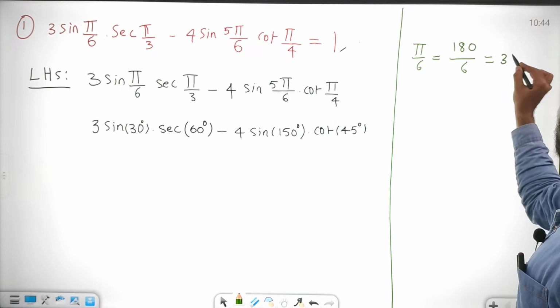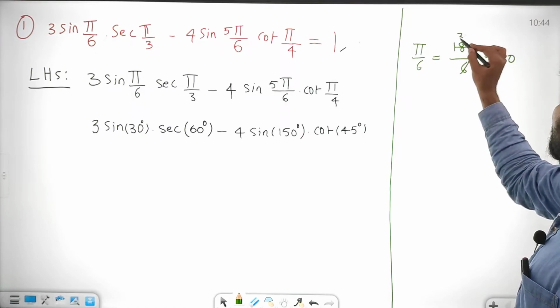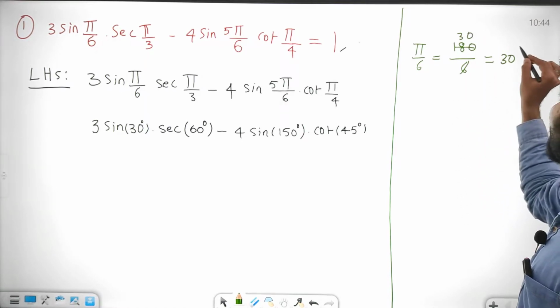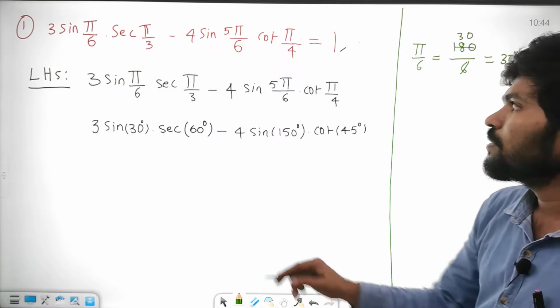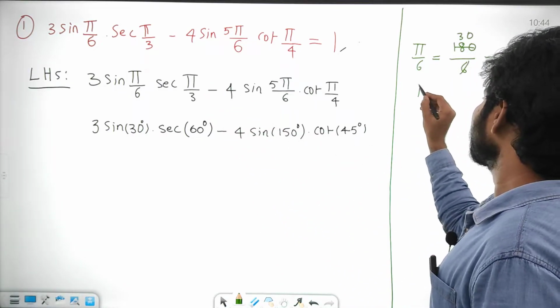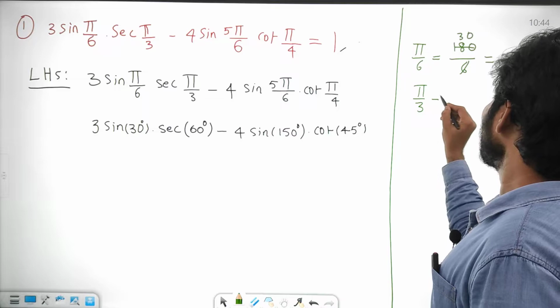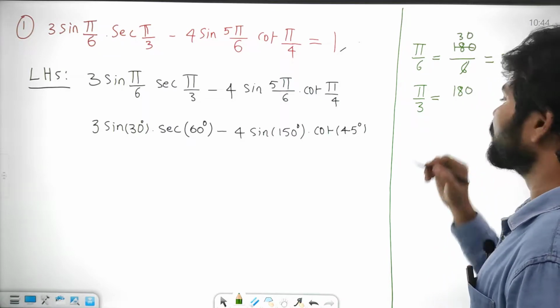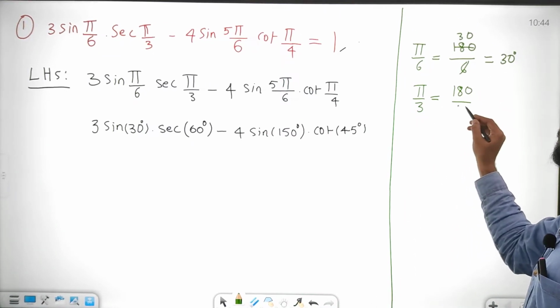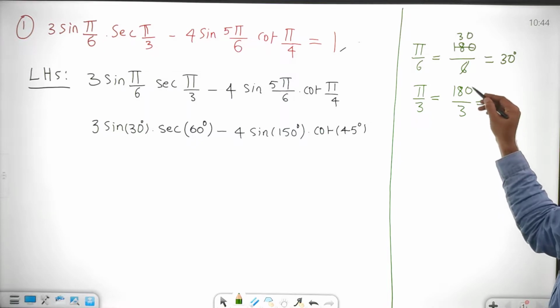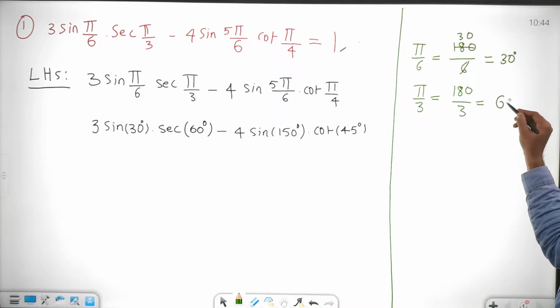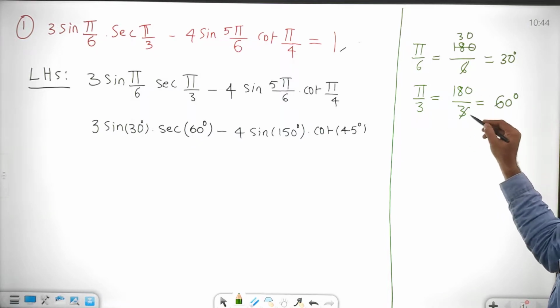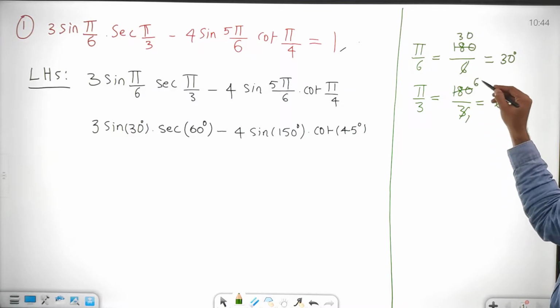Pi by 6 is 180 divided by 6, which is 30. Pi by 3 is 180 divided by 3, and we get 60 degrees.